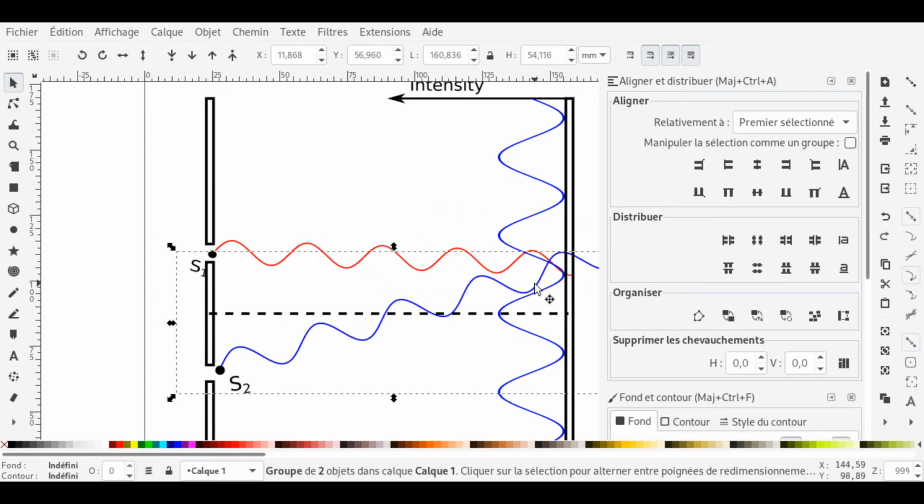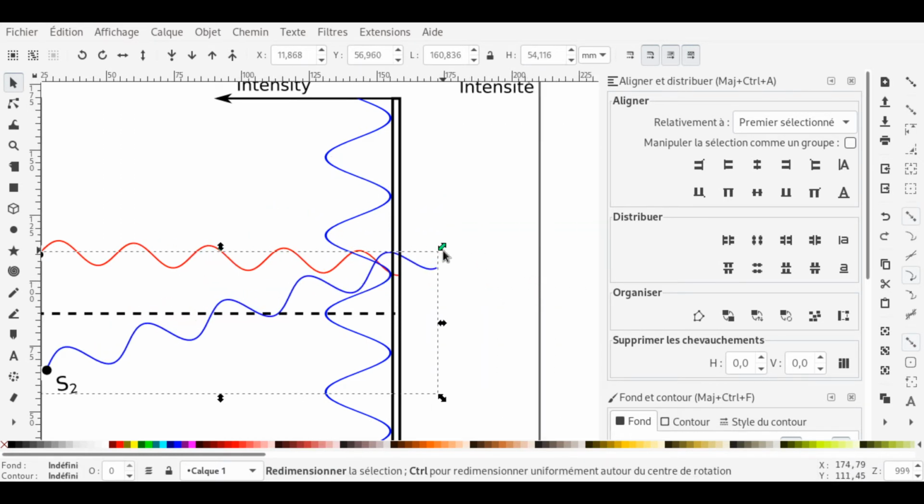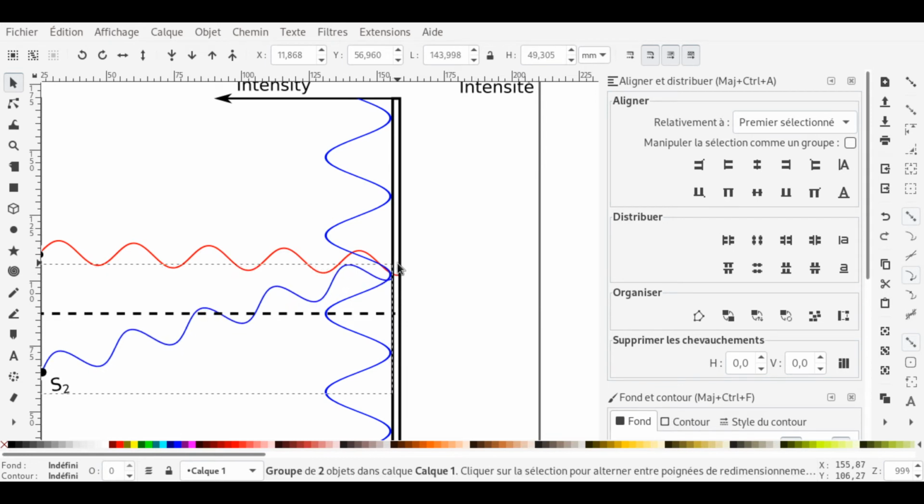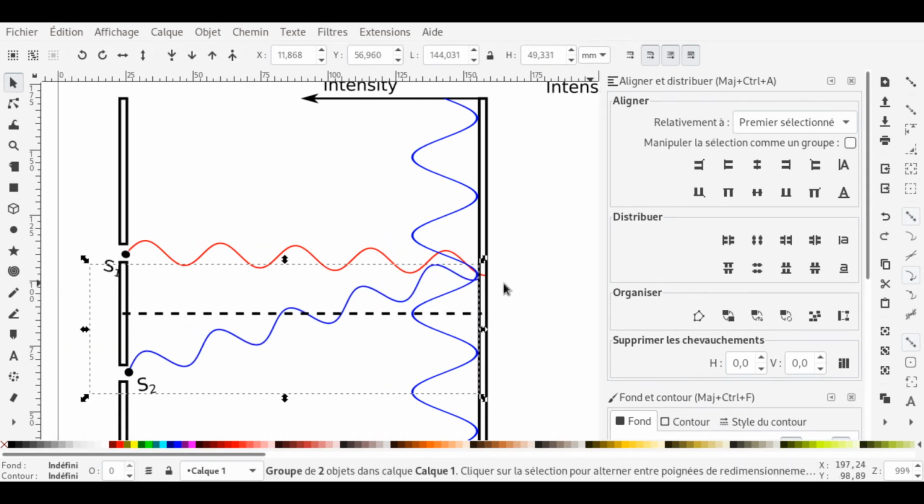Same thing with this one. Send it here. Since it is not in the center of the screen, the two waves did not travel the same distance. This one traveled a longer distance than this one, but the difference between the two is exactly equal to half of a wavelength.